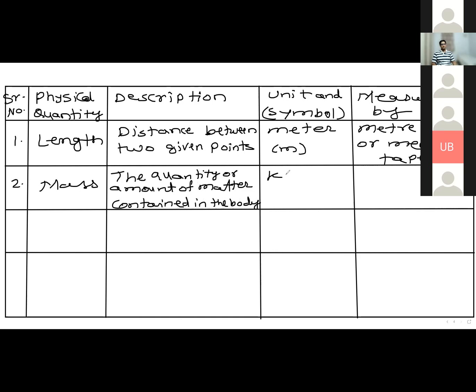Its unit is kilogram. K is small, kg. We are writing SI units. There are other units also. It is measured by beam balance or an electronic balance.